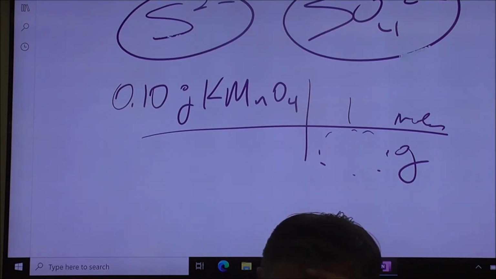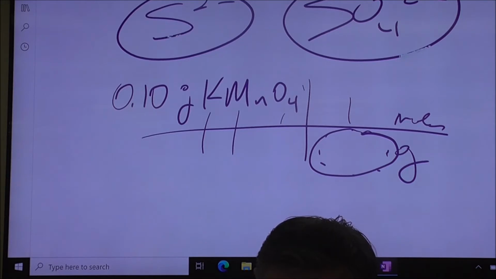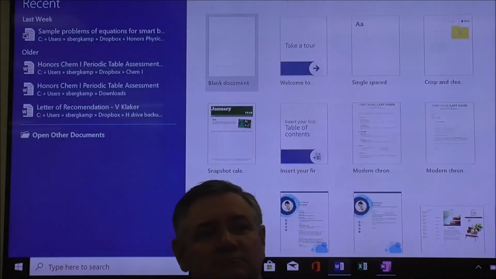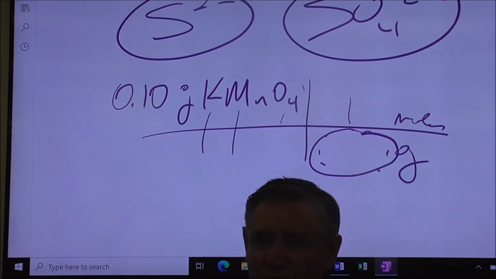So you've got the potassium, the manganese, and 4 oxygens. What did you get for the relative atomic mass of potassium permanganate? 158.03. Everybody cool with that number? Anybody get anything different? We cool?